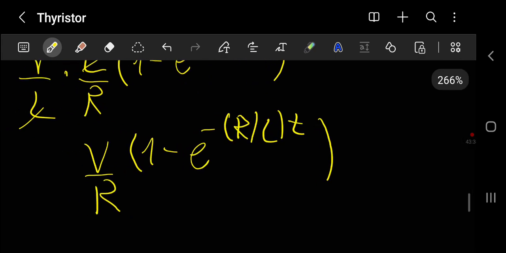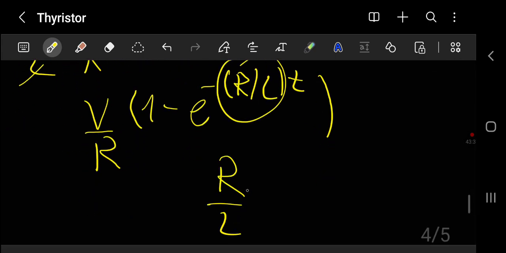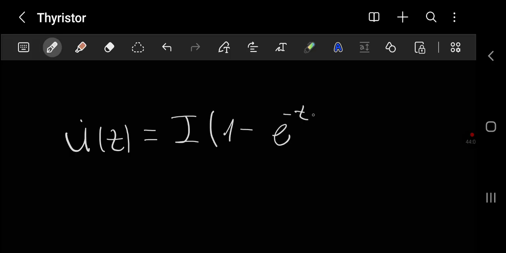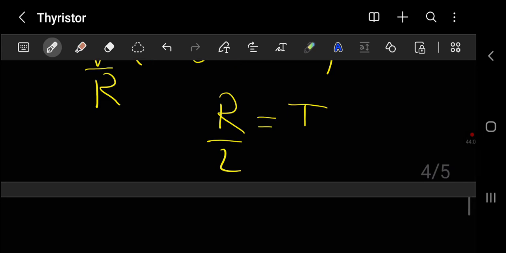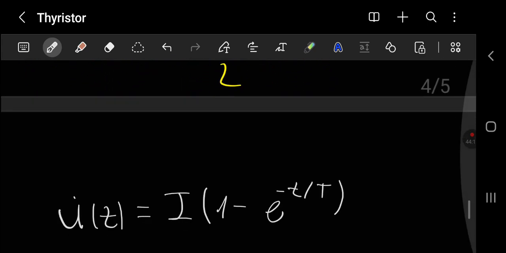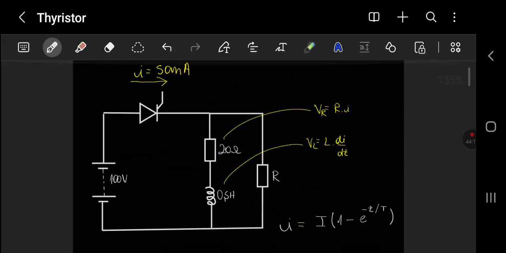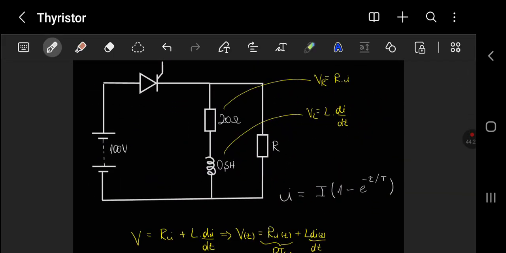So we find this equation, and this R over L is substituted by T, time constant, and I is equal to I times 1 over T. Okay?